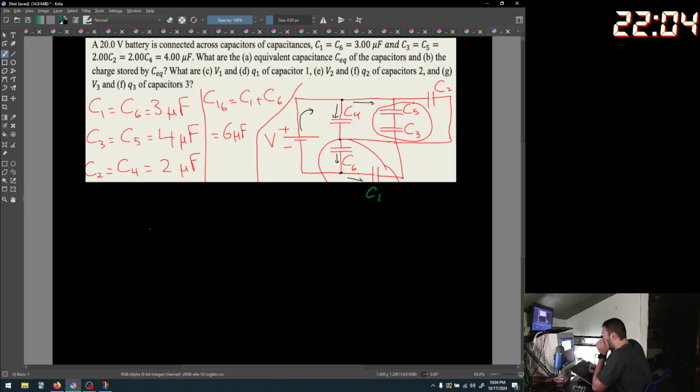What I want to draw here is essentially what we have. It'd be plus, minus, 20 volts. What we have here is C2,3,4,5,6, and what we have here is C1.